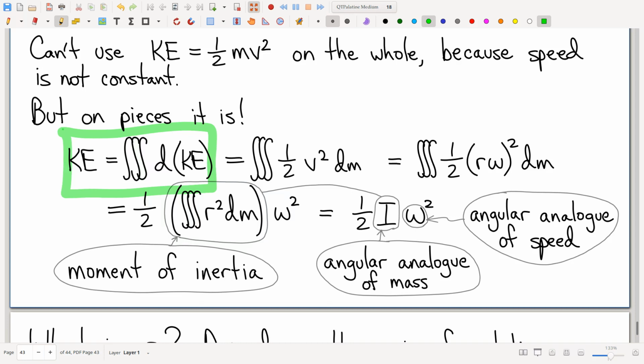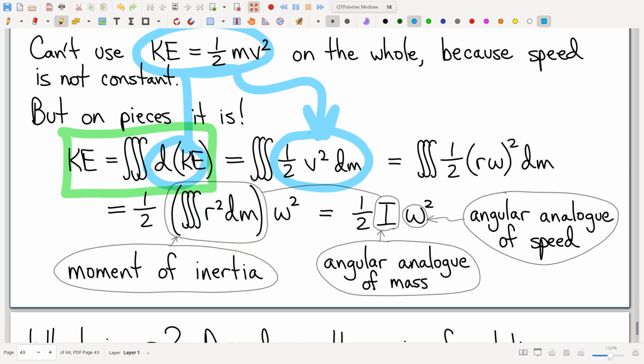I've chopped it up into a bunch of little pieces. Each little piece is actually pretty simple. Each little piece, I can just say 1/2 mv squared, because each little piece is pretty much all at the same location, and therefore pretty much all moving at the same linear speed. So there, on the little pieces, you can totally write down 1/2 mv squared.